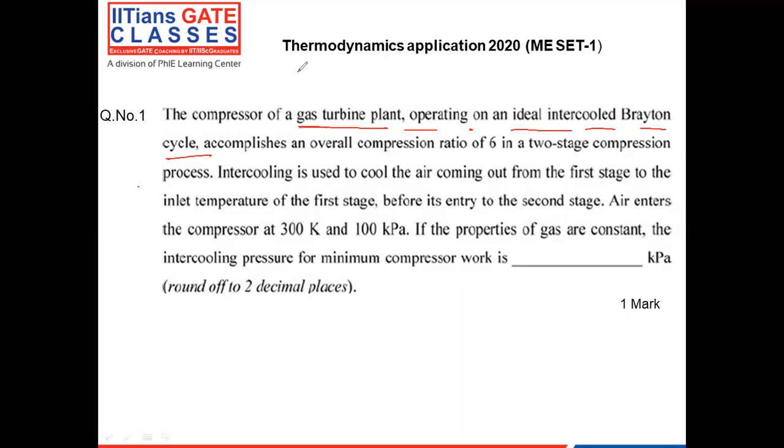The reason is very simple: due to the low weight, we can carry a gas turbine power plant inside the aircraft. The gas turbine power plant works on the Brayton cycle. It is not the Rankine cycle. The steam power plant works on the Rankine cycle, and the gas turbine power plant works on the Brayton cycle. Let's see what the Brayton cycle is, specifically the intercooling Brayton cycle.